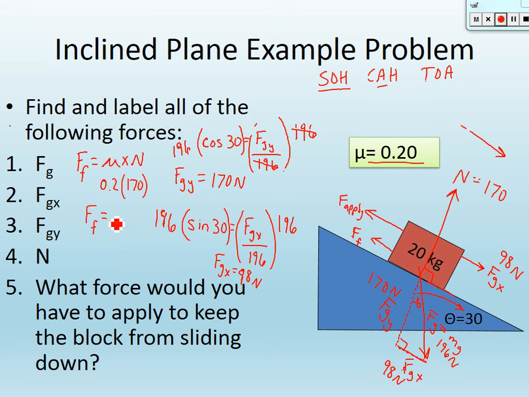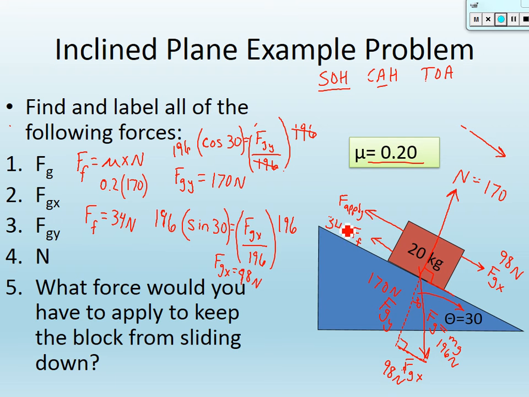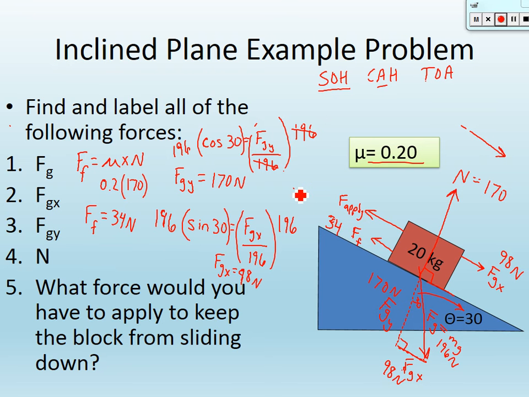What does that equal, Cole? 34. 34 newtons. Okay, so let's put that on our diagram over here, 34 newtons. Okay, 34, that's what that says. And newtons.